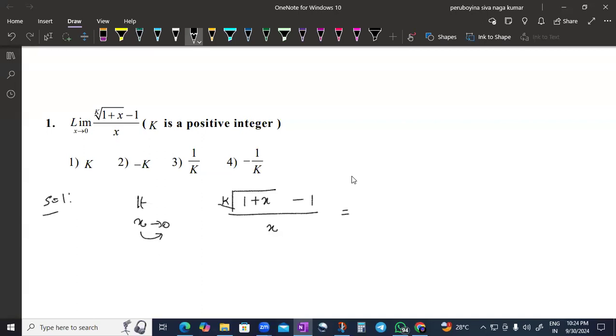So, kth root of 1 plus 0 minus 1 by 0. So, kth root of 1 minus 1 by 0. So, 0 by 0, which is an undetermined form.